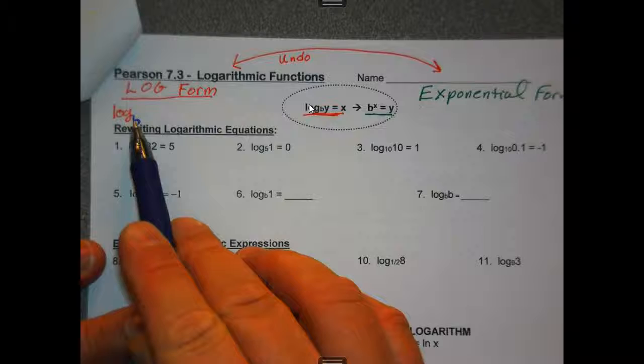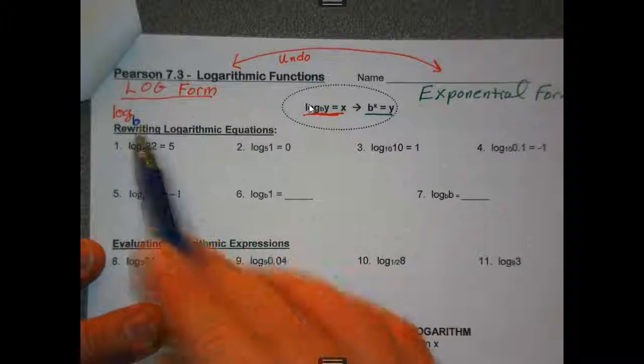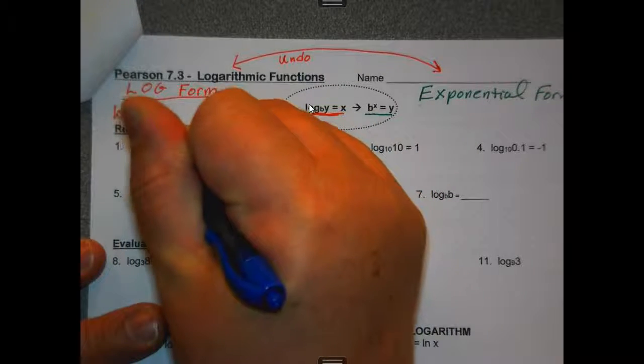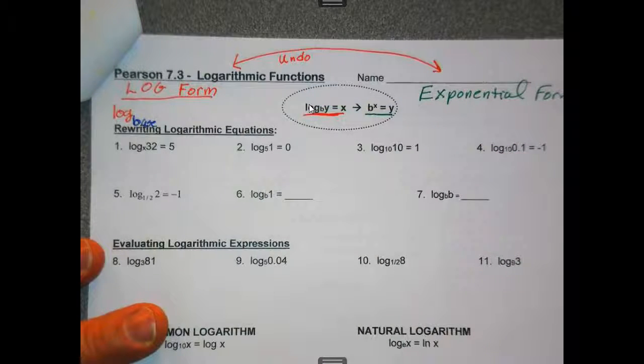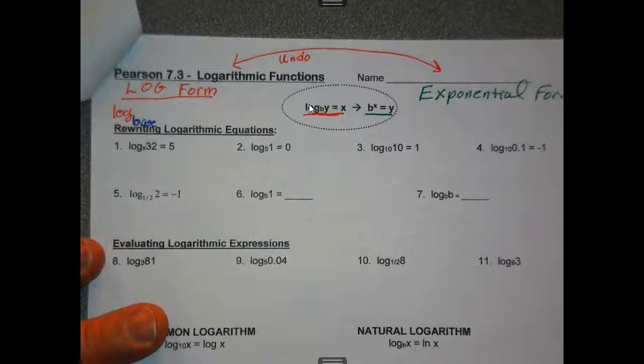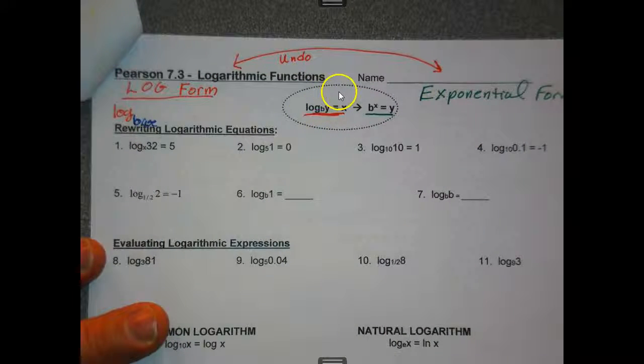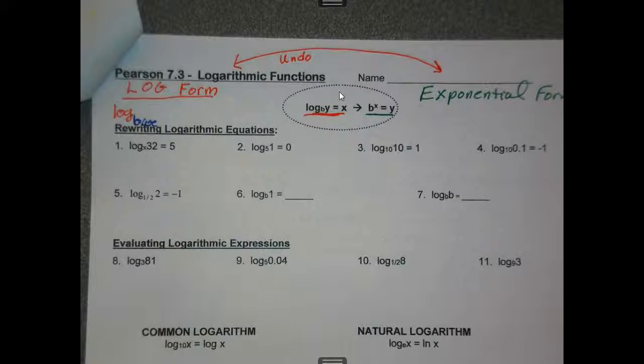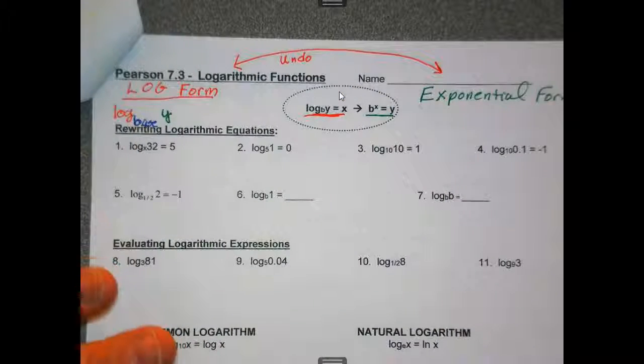You have to put it underneath the log for it to be the base. Okay, b stands for base. Now, what does y always stand for? Well, y is the solution, right? So y is just our number.